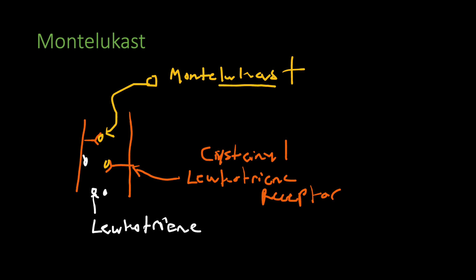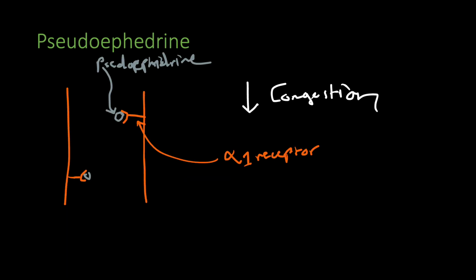And then same thing with Montelukast, just going to stop the binding of leukotriene to the cysteinyl leukotriene receptor. So that's going to antagonize it. And then you've got pseudoephedrine.